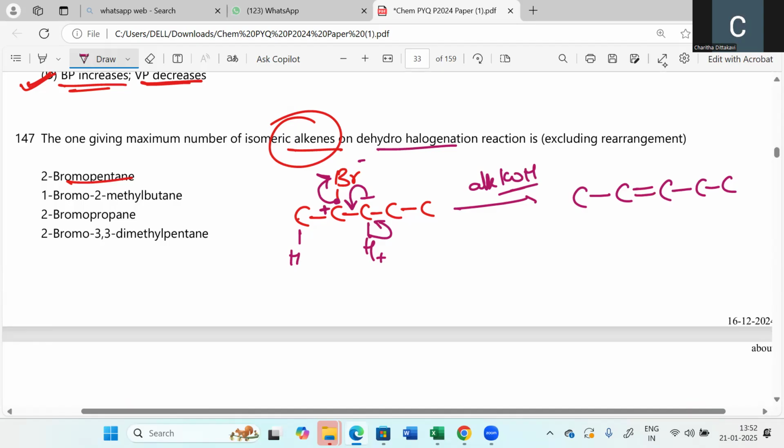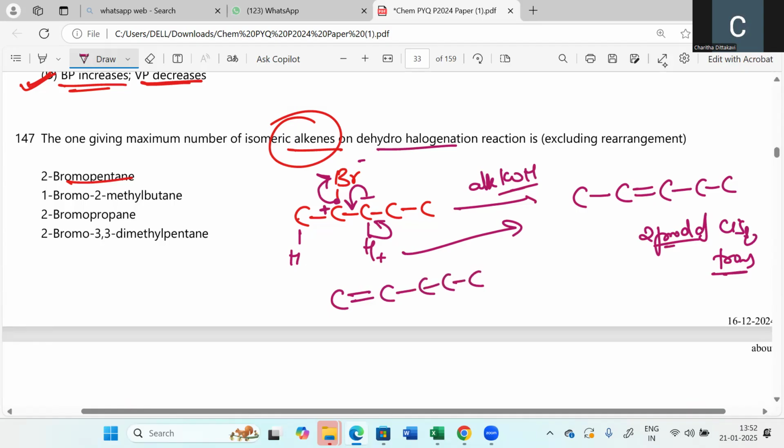And this one we will get as cis and trans. So 2 products we will get here, cis and trans. Or else, if the right side hydrogen goes, or if the left side hydrogen goes, you would get carbon double bond carbon with 1, 2, 3, 4, 5, because here at the star mark, you would be going on with the elimination.